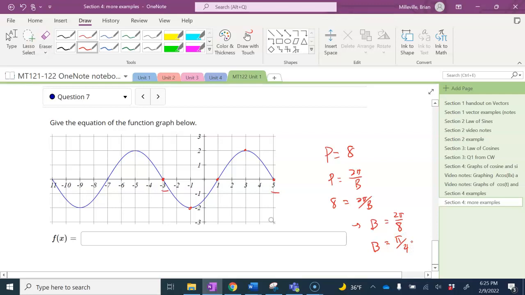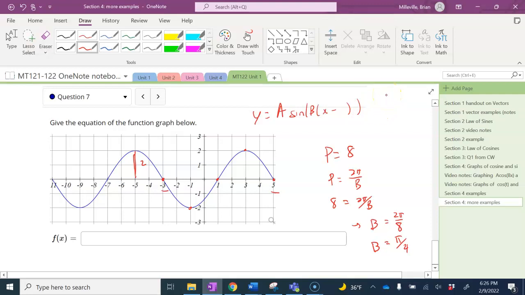Okay, fine. That's how the period gets affected. The amplitude we can see is 2, from the midline up to the highest and lowest points. That's length 2. Again, we're doing a sine transformation, so we've got sine of b, and then x minus something there, plus or minus something, and then we're not shifting up or down at all, so that's going to be it there.